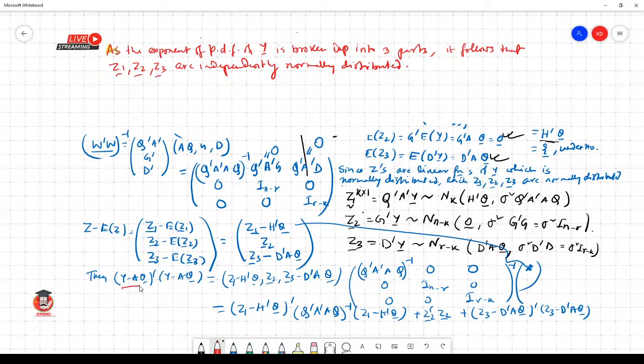Because this is the exponent part, we see that this portion is written as a sum of these three parts. Therefore Z1, Z2, Z3 are independently normally distributed. Okay.